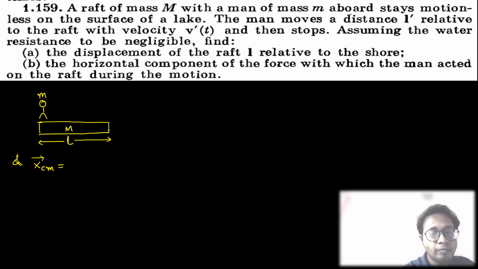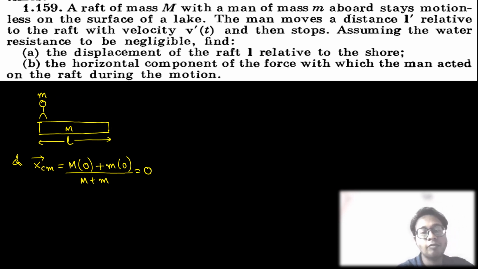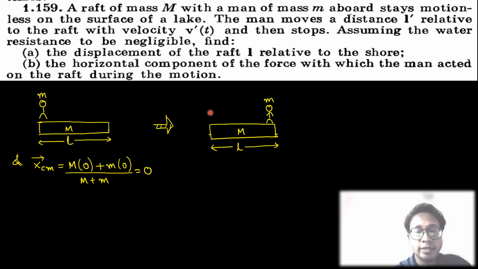How? M into 0 plus m into 0 divided by M plus m, which is equal to 0. Since there is no velocity of the system, the displacement of center of mass is 0. Now the person out here reached by distance L. That means the person moved across the boat.